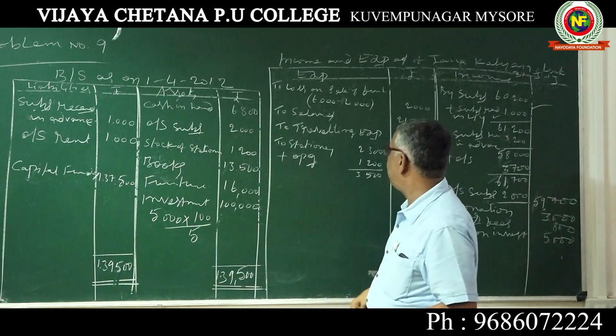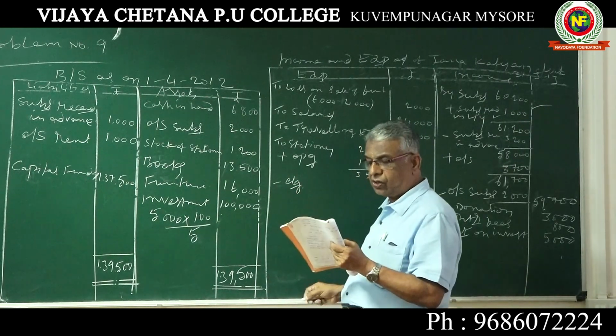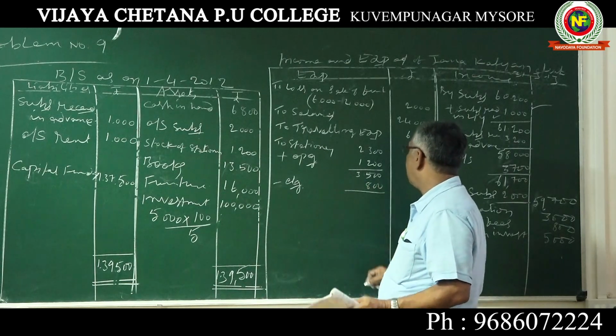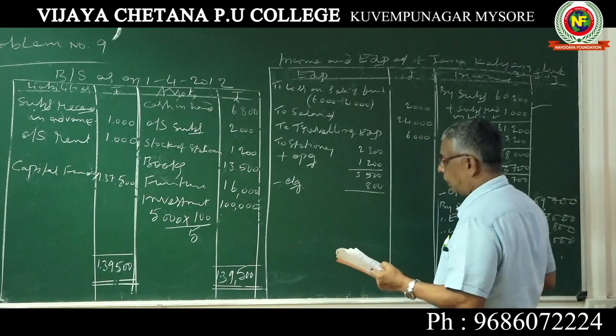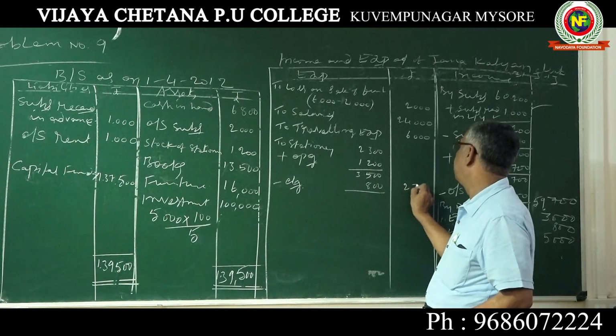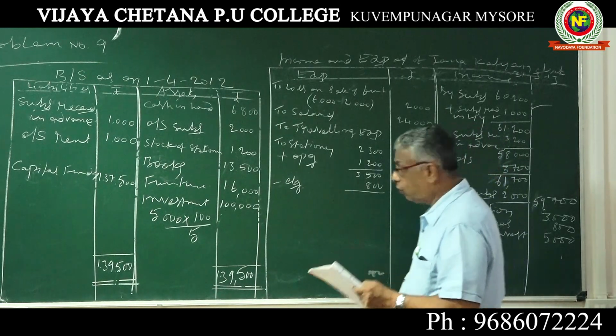Less closing stock of stationery 800. So the difference we get, 2,700, is the depreciation.